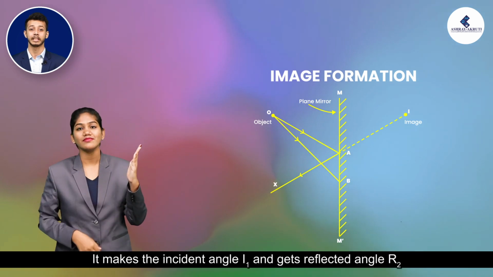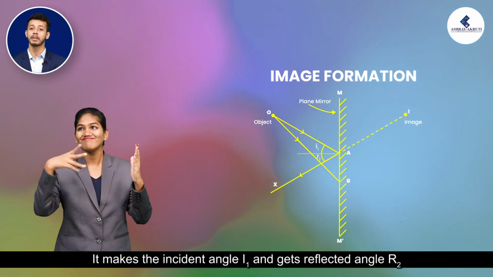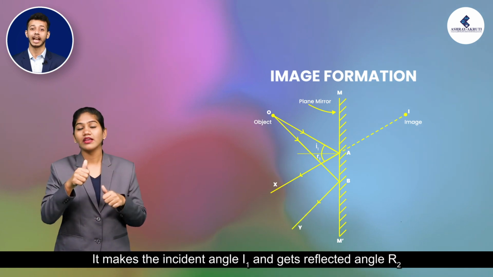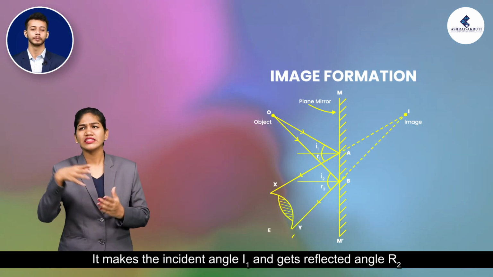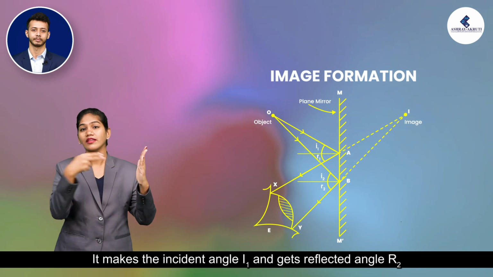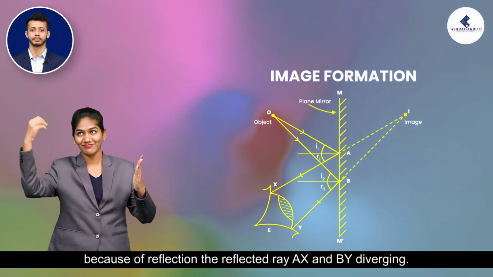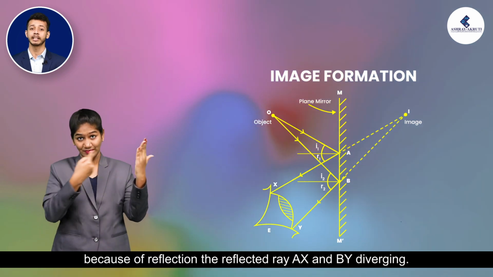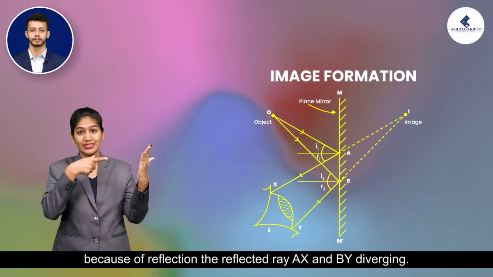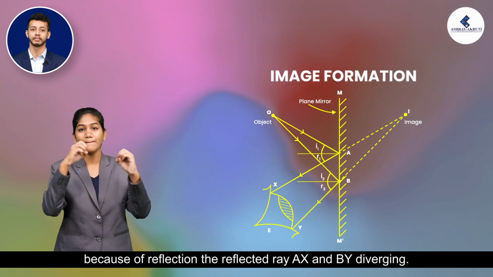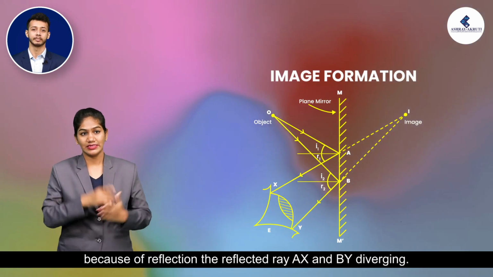It makes the incident angle i2 and gets reflected at angle r2. Because of reflection, the reflected rays AX and BY are diverging.